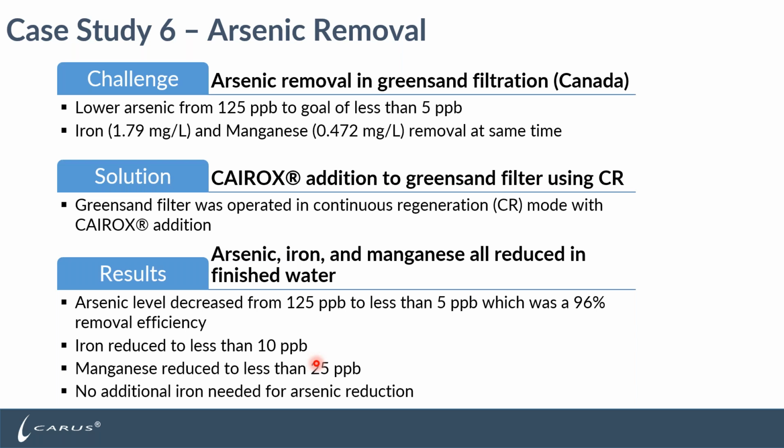The results showed 96% removal of arsenic from 125 parts per billion to down to less than 5 parts per billion. Iron and manganese, again, common theme, were also reduced to very low ppb levels and no additional iron coagulant was required in this process.